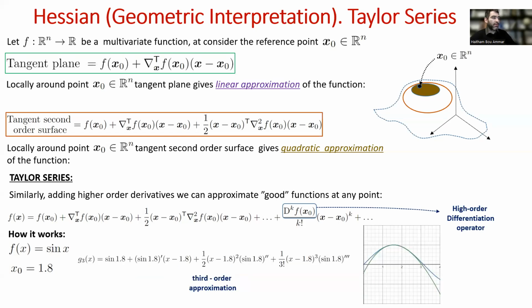And of course, if we consider higher order, let's say a cubic function and so on, we increase the neighborhood where the quality of the approximation for the function sine of x will be better and better. So that's the illustration for the Taylor series and the geometrical interpretation of the Hessian and higher order differential operators for the multivariate function.